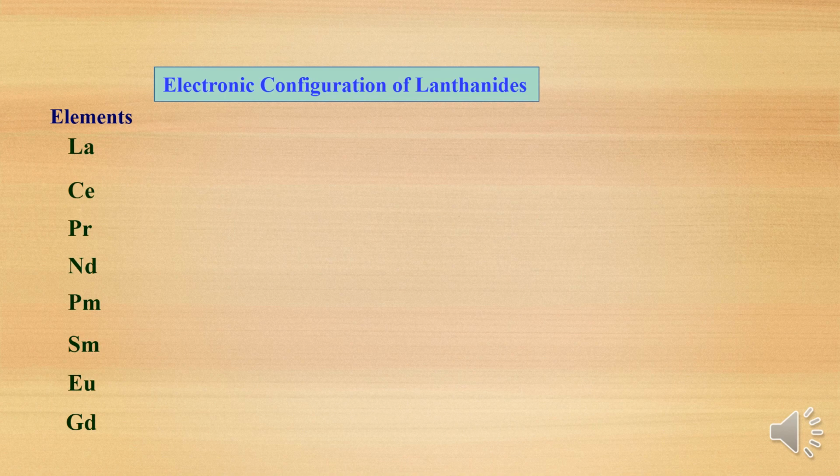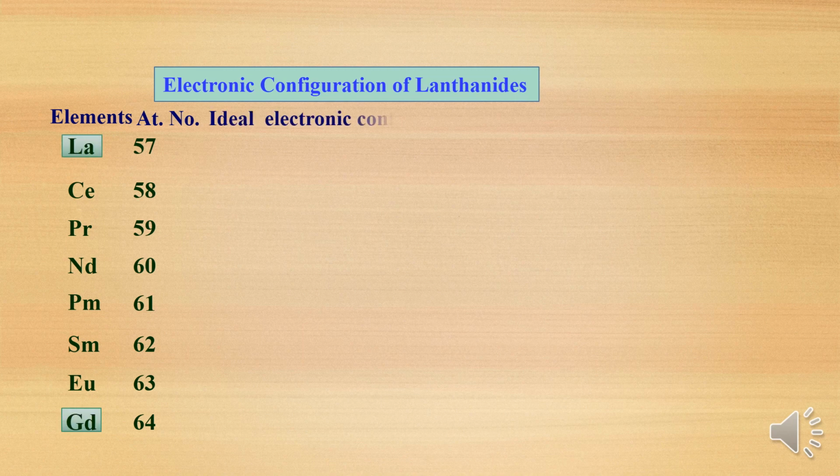See the elements lanthanum, cerium. The lanthanide series has 14 elements, already written. Atomic number 57 is lanthanum, which is a d block element because the last electron enters the d orbital. Now atomic numbers 58 to 64 are in front of you. Lanthanum to gadolinium, you can see the ideal electronic configuration.